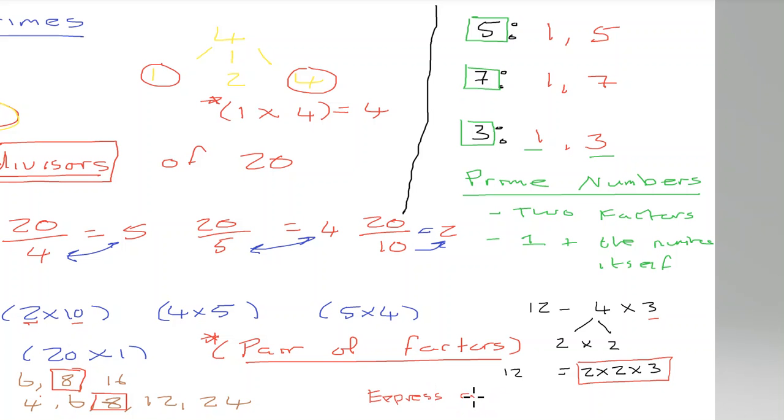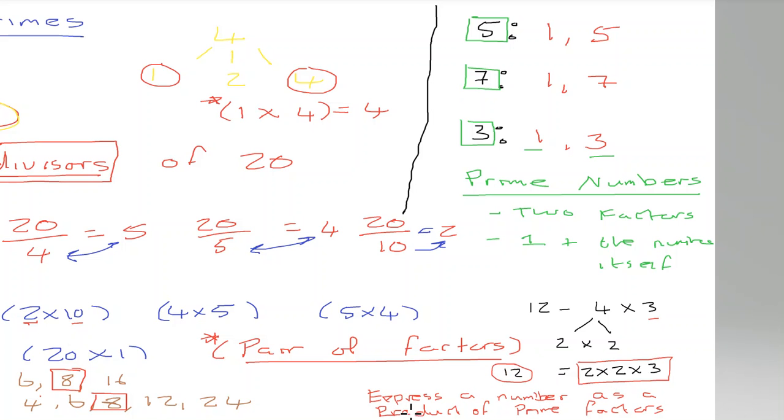This is a way that we can express a number as a product of prime factors. So we're taking this number 12 and expressing it as a product.